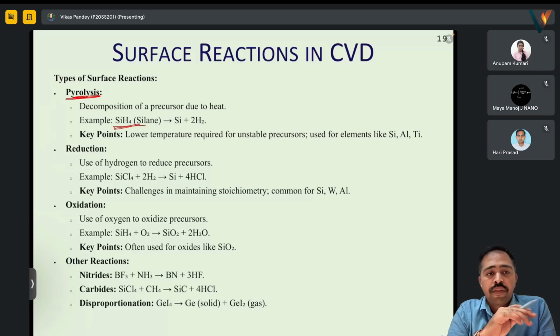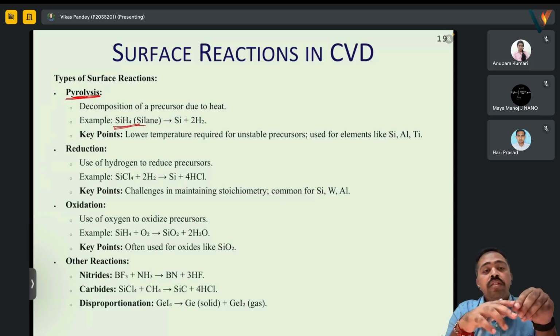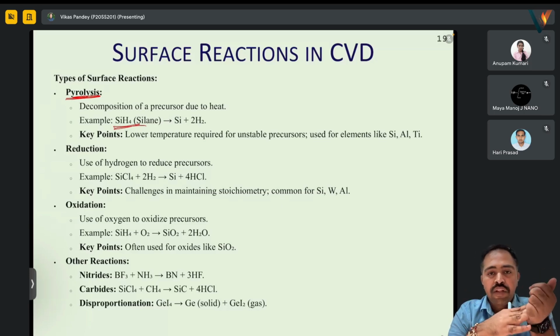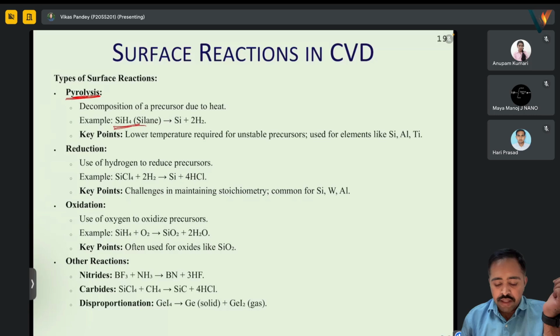It is where the precursor will decompose at the specific temperature. For such reactions, low temperature is required, and the precursors are a bit unstable, used for elements like silicon, aluminum, and titanium.